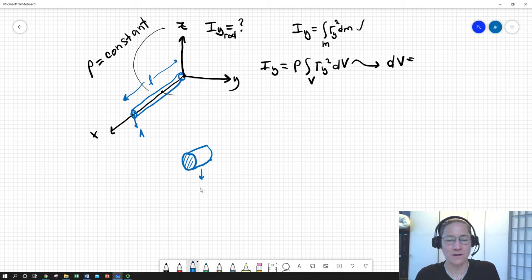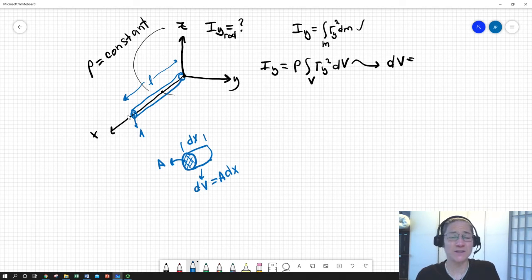So if we look at a length of dx along this rod, we can define a volume element equaling the cross-sectional area A times a length element, a little bit of length.